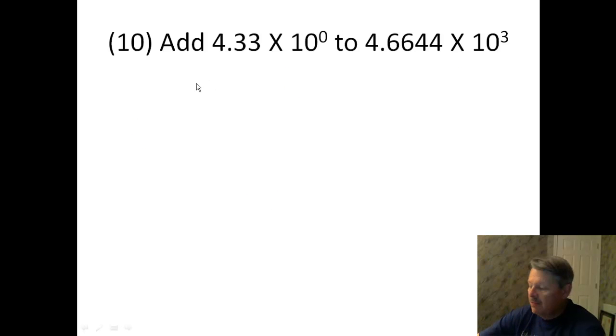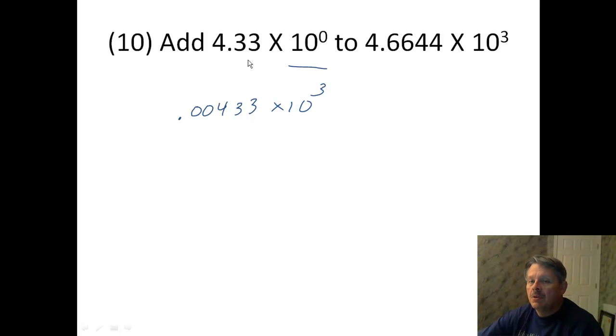And finally, for the last one, I picked times 10 to the 3rd, so I have to convert my 10 to the 0 to times 10 to the 3rd. If I do that, I have to make my number smaller. This number, 10 to the 0, got bigger. This number over here got smaller, changed by 3.